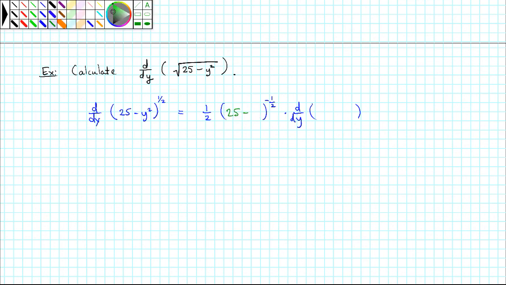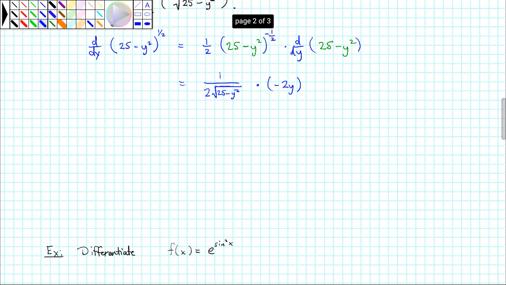So this is 1 over 2 times the square root of 25 minus y squared. That's what that is, simplified. And then this piece, the derivative of 25 minus y squared, is negative 2y.